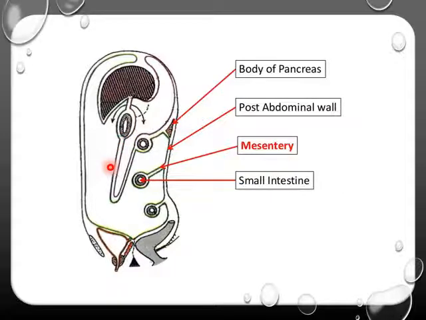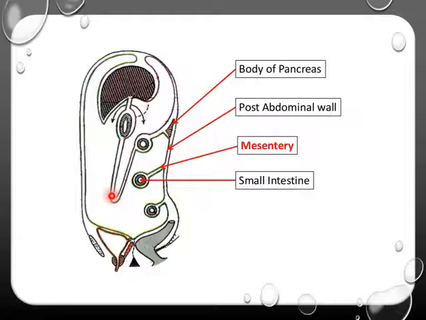It becomes the second layer of the greater omentum, and then ascends as the third layer of the greater omentum. Next it covers the part of a transverse colon, and then becomes the superior layer of transverse mesocolon, and then covers the part of the body of pancreas. So these whole areas are being covered by the lesser sac.